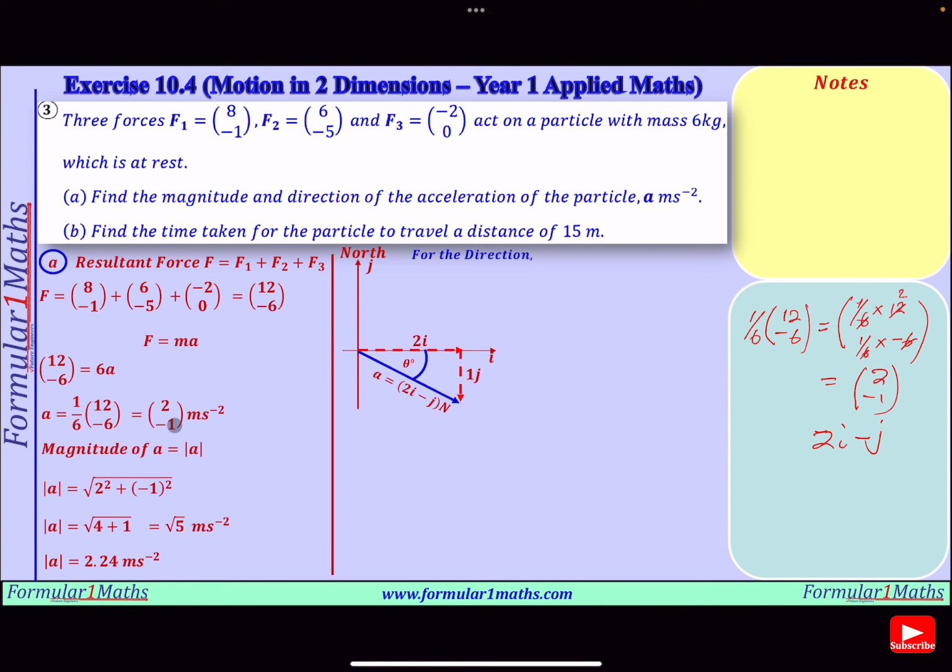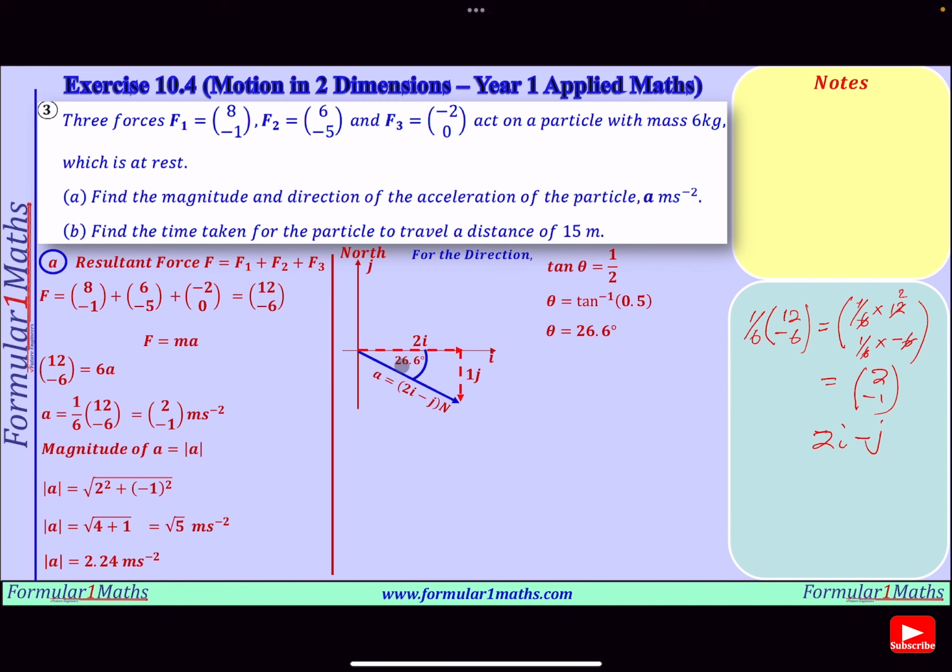We can now use SOHCAHTOA to calculate the angle theta. So tan theta is equal to 1/2, opposite over adjacent. That means theta is equal to tan inverse of 0.5, which gives 26.6 degrees. So it means that theta is 26.6 degrees over here.